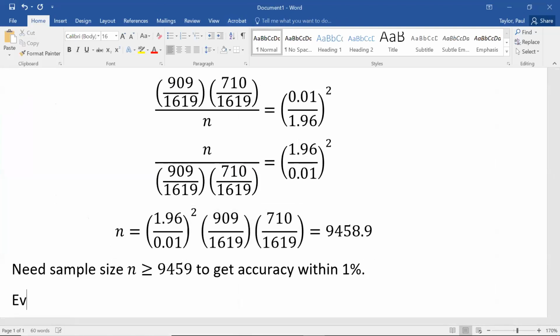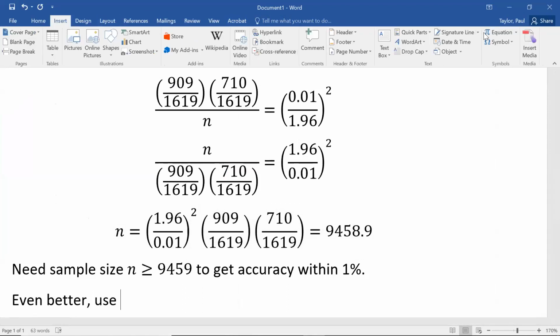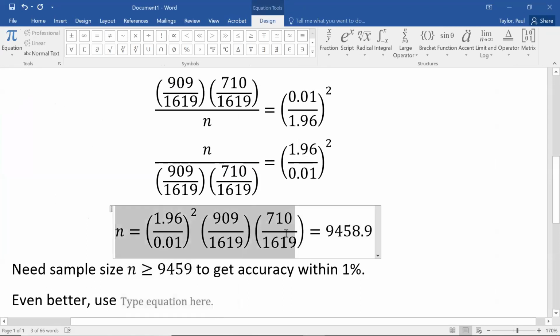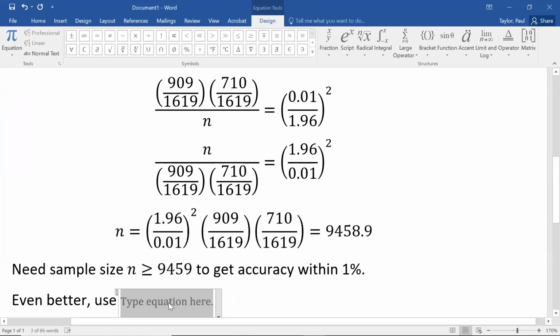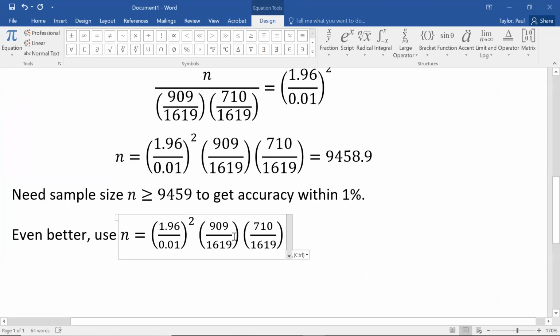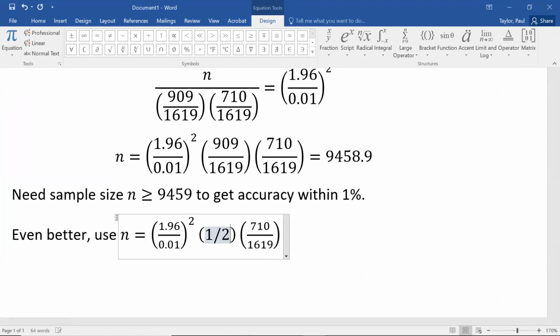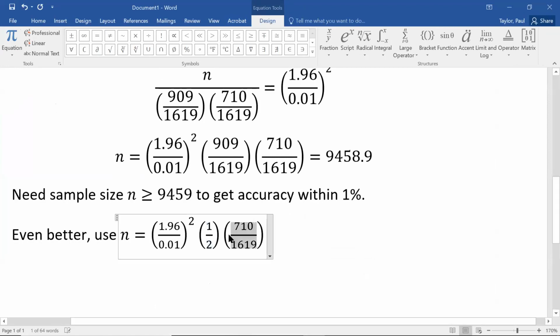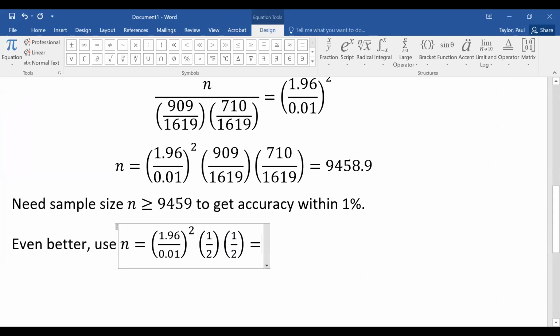So even better, use the version of n that has 1/2 plugged in there, and then you know that it's going to be enough no matter what the true proportion ends up being in the end.